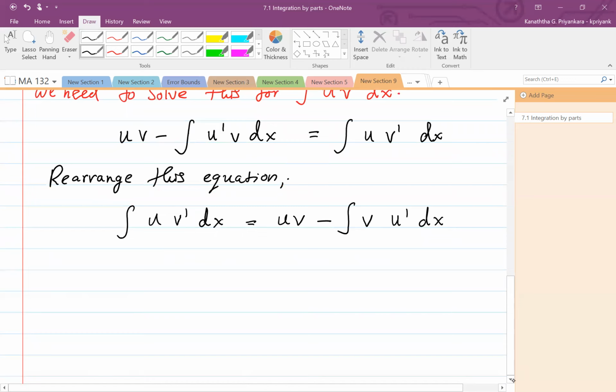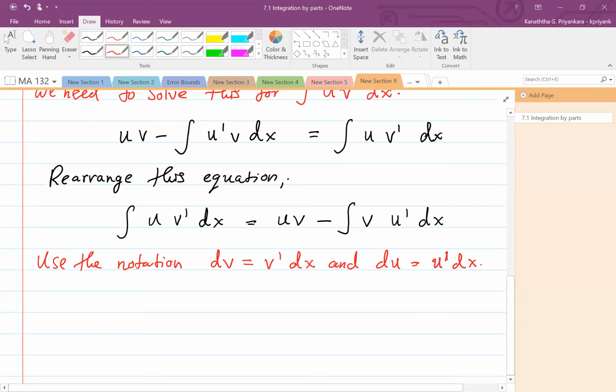So we are going to use some notations. I'm going to use dv for v prime dx, and we use the notation du to represent u prime dx.